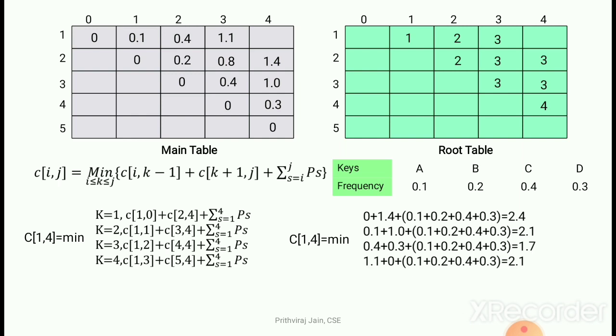When k equals 1 we get 2.4, k equals 2 gives 2.1, k equals 3 gives 1.7, and k equals 4 gives 2.1. The minimum is 1.7, and we first update it in the table. Then we observe that 1.7 is the value that we got when k is equal to 3, so in the root table we fill this value.